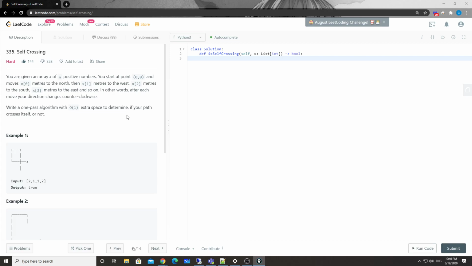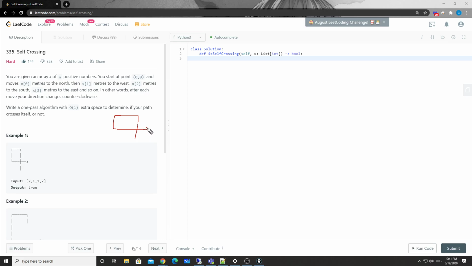How can we think about this problem? We cannot come up with a solution without doing some experiments, right? Let's try to figure out how many possible ways of self-crossing. Here is already one example: go one, two, three, and four.